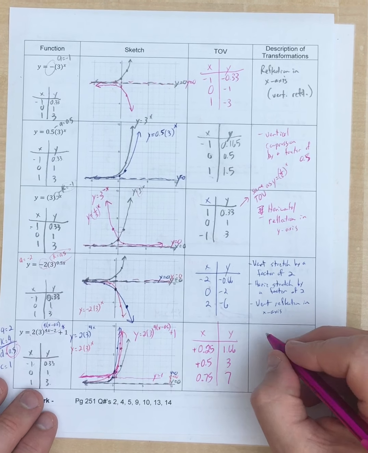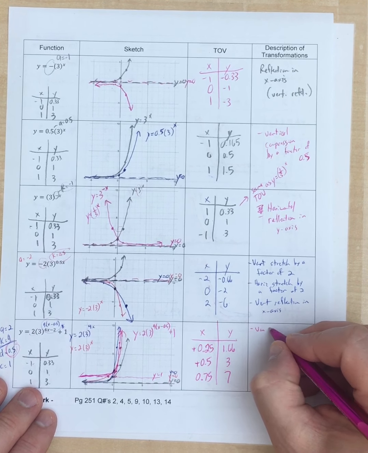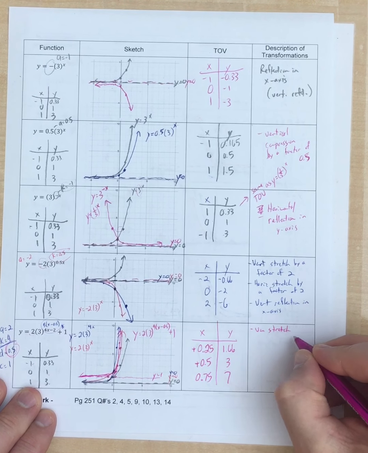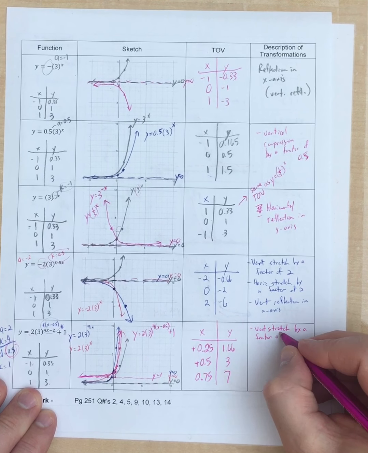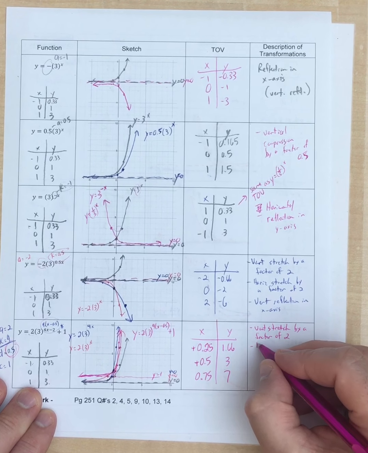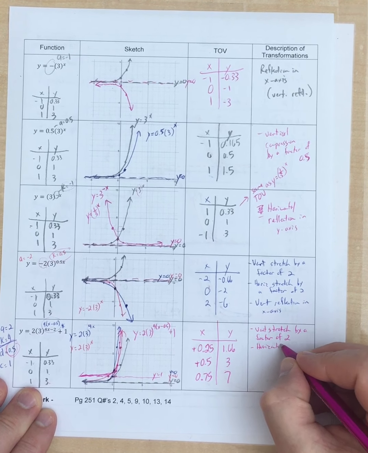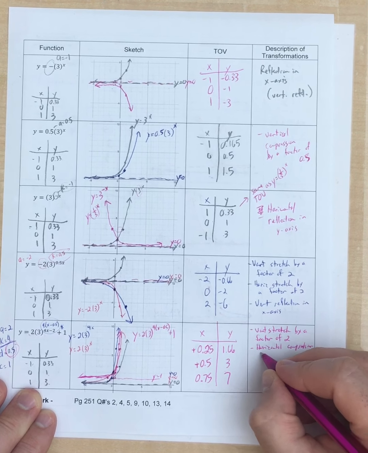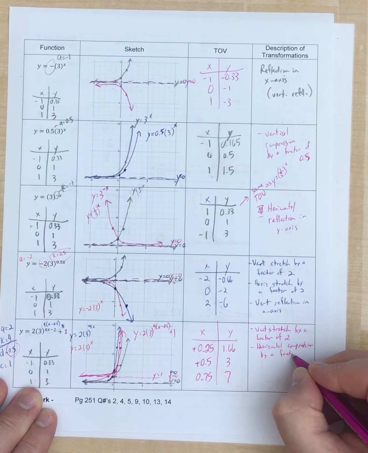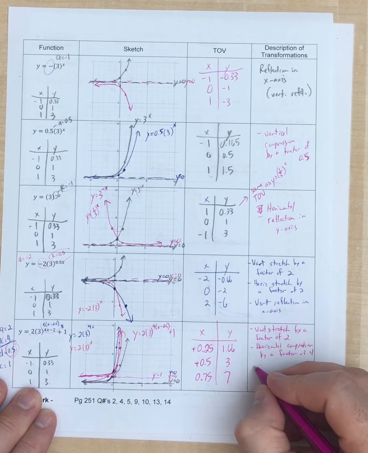And finally, we describe, okay, we've got a vertical stretch by a factor of 2. We get a horizontal compression by a factor of 4.